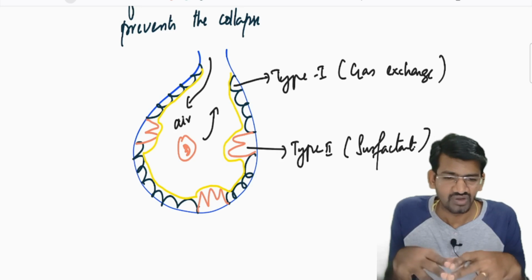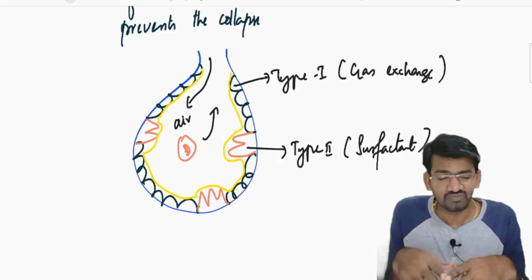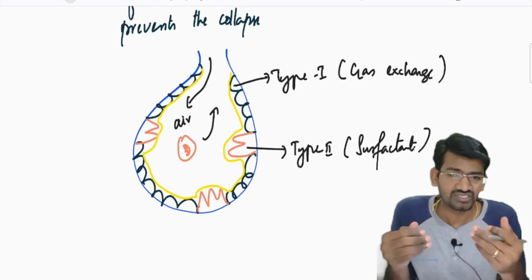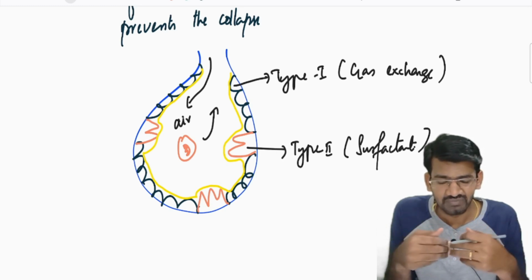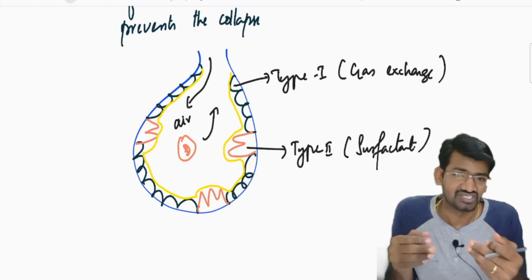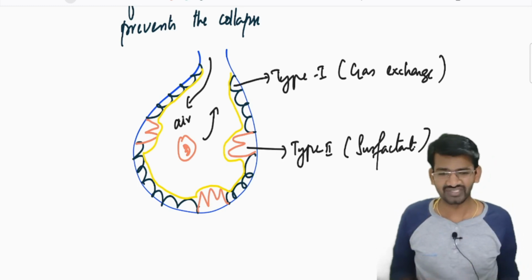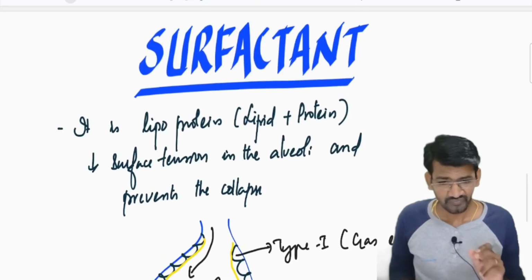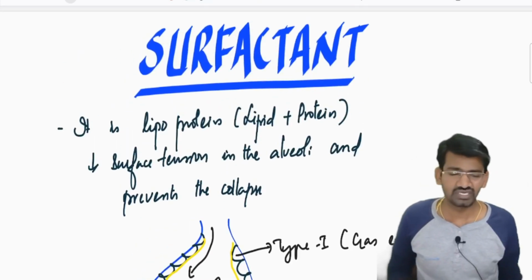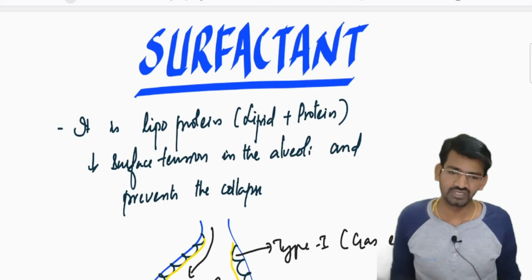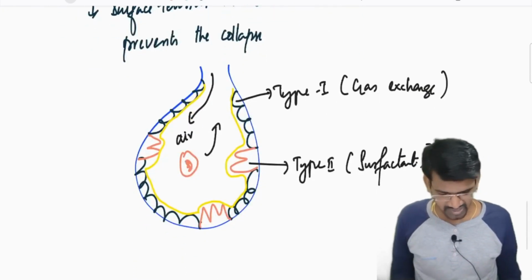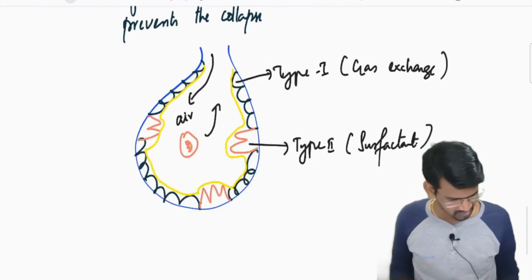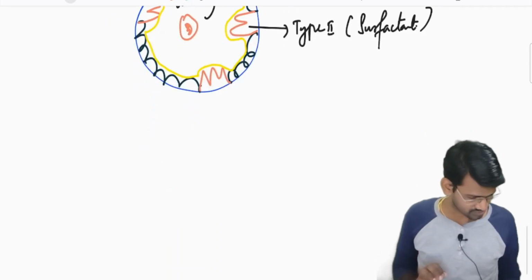This is the major complication if there is no surfactant production or decreased surfactant production: the baby will go into respiratory distress. That is the importance of surfactant. It is a lipoprotein which reduces the surface tension and thereby prevents the collapse of the alveoli, secreted by the type 2 pneumocytes.